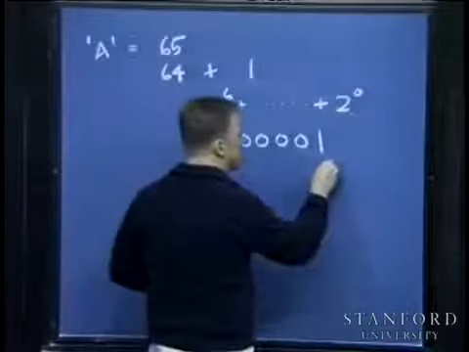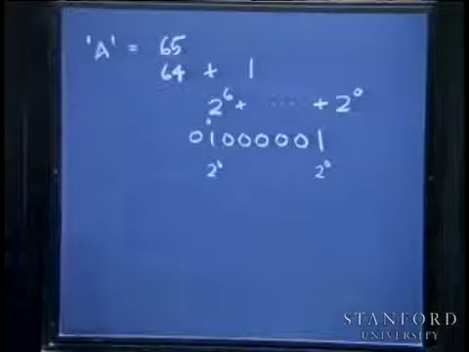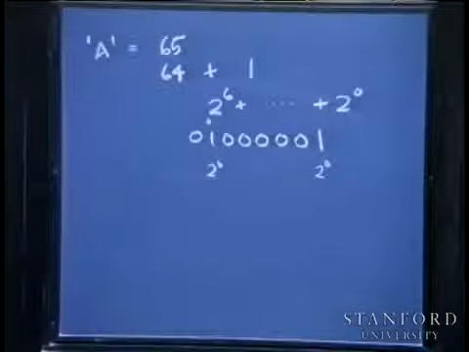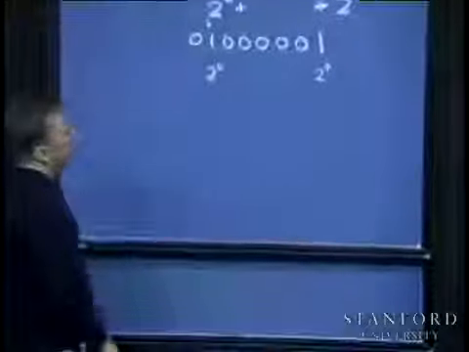This contributes 2 to the 0th. You can look at it as having contributions of 2 to the 1st and 2 to the 3rd and 2 to the 7th that are weighted by a 0 as opposed to a 1. Okay, that makes sense to people? Okay, so that's good enough for characters.